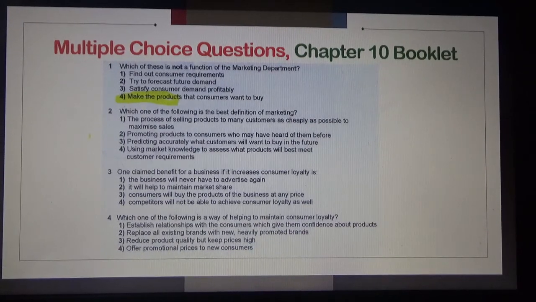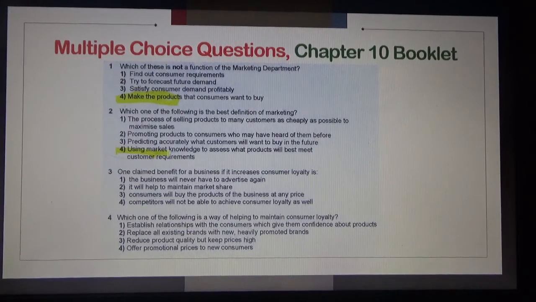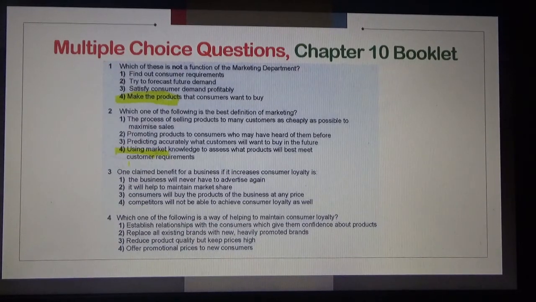Number 2, which one of the following is the best definition of marketing? The best choice here is number 4, using market knowledge to assess what products will best meet customer requirements. And for number 3, one claimed benefit for a business if it increases customer loyalty is the business will never have to advertise again because the customers keep coming in.